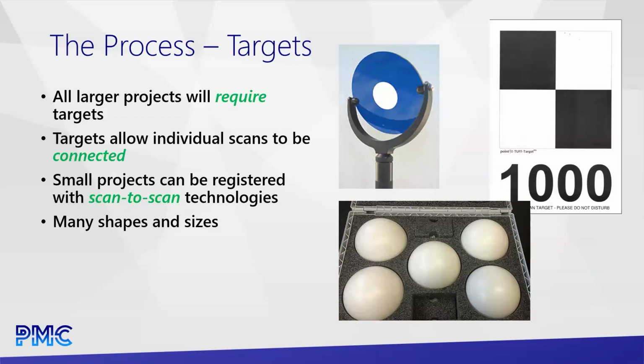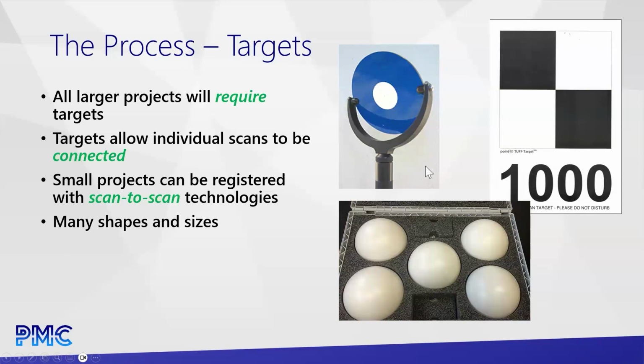Right. As the projects get larger, we're going to talk more about this because it's one of the big failure points. They require fiducial targets. And these targets are artificial items that we add into the environment, and they let us attach one scan to the next. They can take a number of different forms. You're seeing a few of them over here.